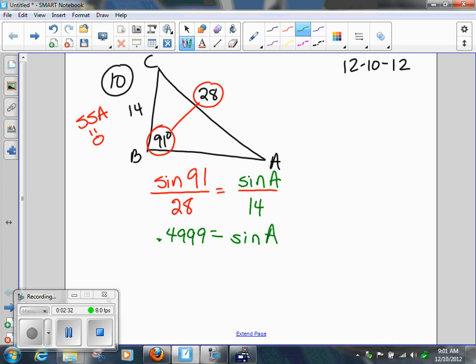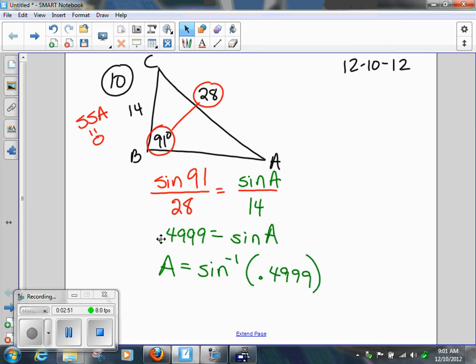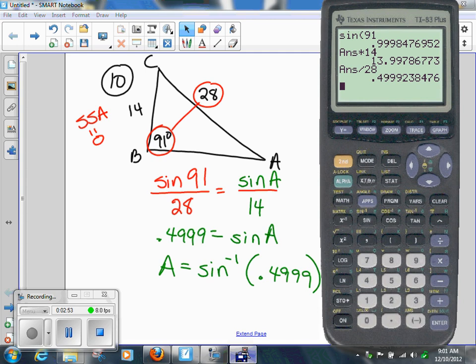How am I going to get angle A? I'm going to have to find the inverse sine of this number. So I'm going to find angle A by finding the inverse sine of that 0.4999 number. Now, when you look at the calculator, I'm not going to do anything to my calculator.